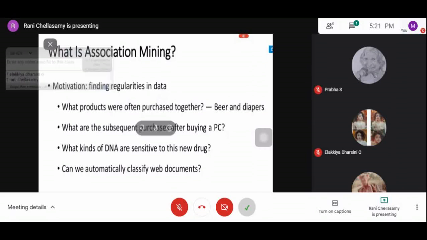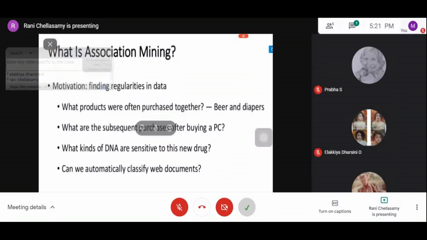For example, if the customer is buying beer, along with that beer he may also buy diapers. And what are the subsequent purchases after buying a personal computer? He might also buy antivirus software, and he might also buy a pen drive, like this.